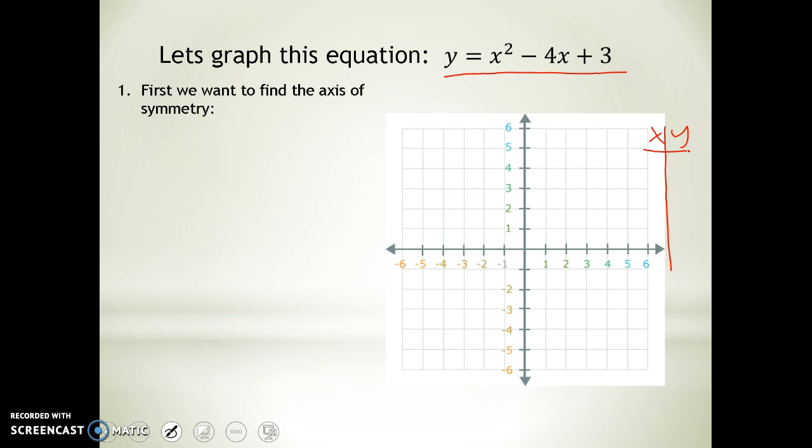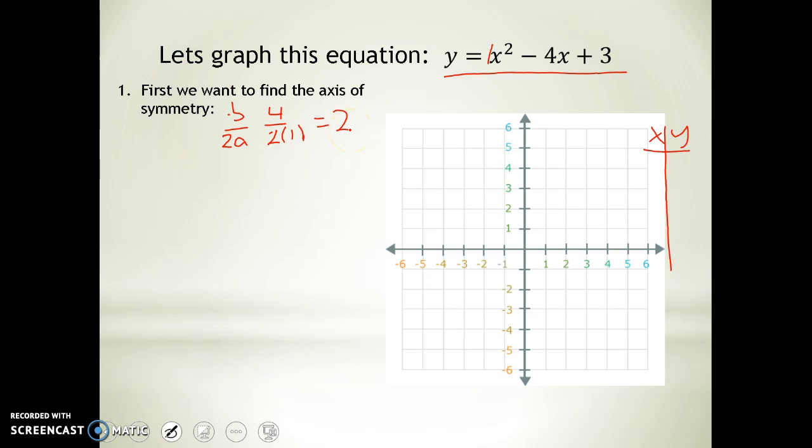Remember, the axis of symmetry is just negative b over 2a. In this particular example, b is negative 4, so it's going to be positive 4 over 2 times the a value. The a value here is 1, so it's 2 times 1. That's 4 over 2, which is equal to 2.